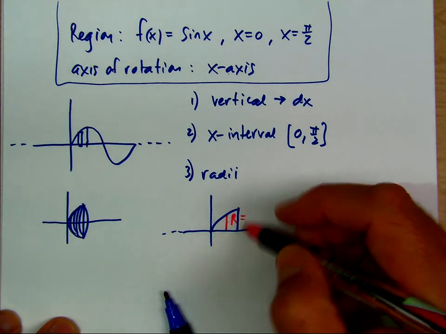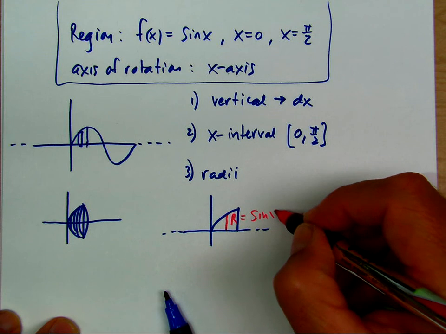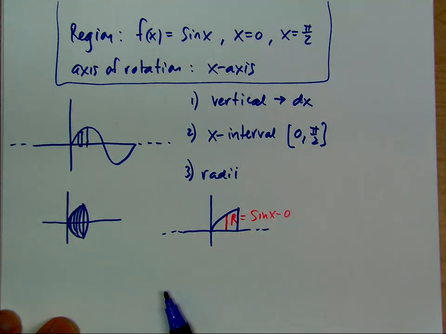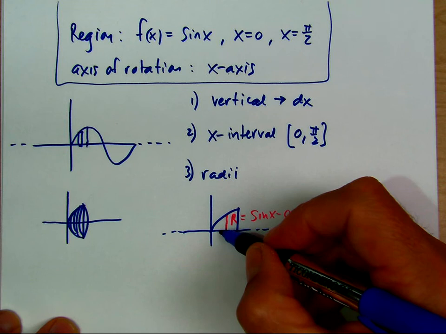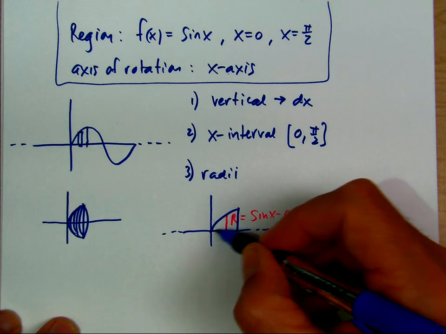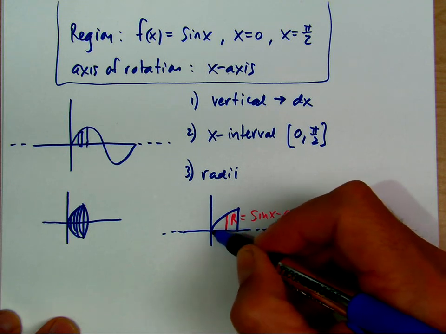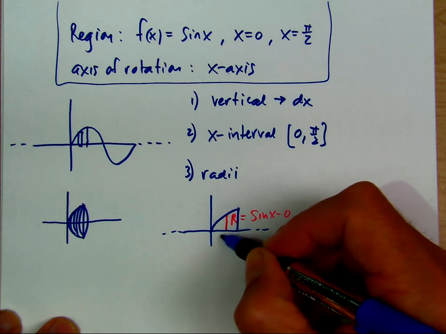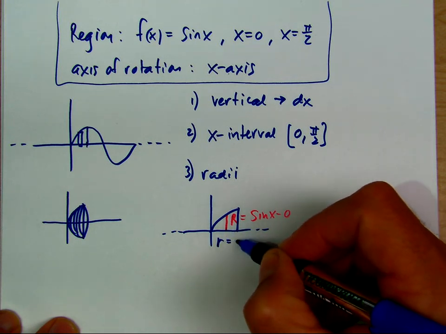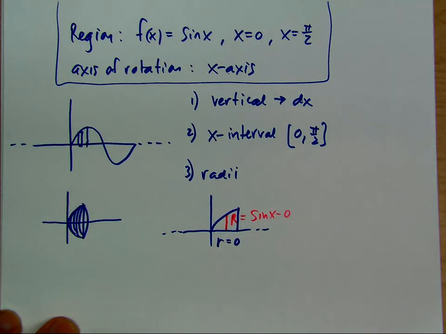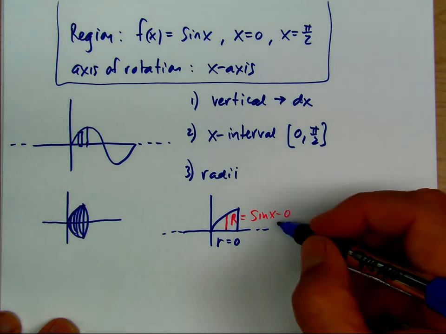The top is sine. The bottom is 0. Little r, if we go from the axis to the closest part of the region, it's 0. There's no space between the axis and the region, so little r is 0. So we have the radius.